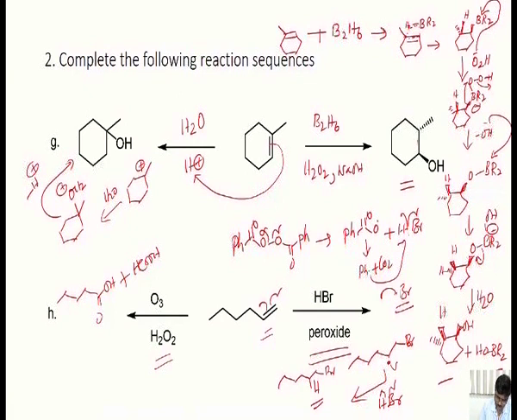This regiochemistry is opposite to the electrophilic addition reaction, in that the bromine will add in this carbon. When you carry out the reaction via radical pathway, you will be able to form this primary alkyl bromide as the product.